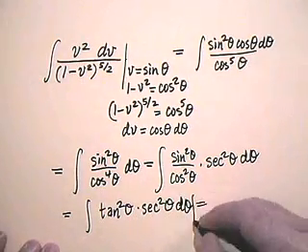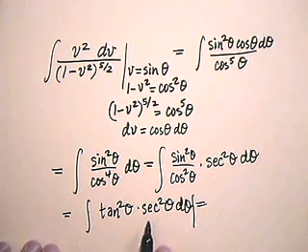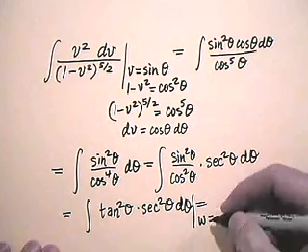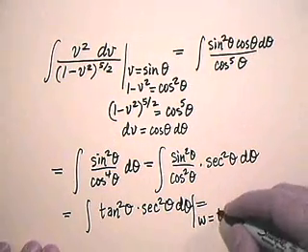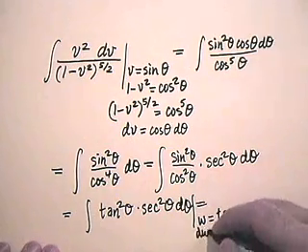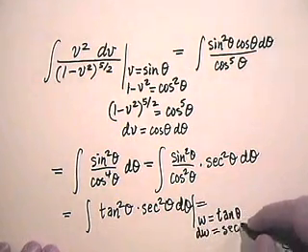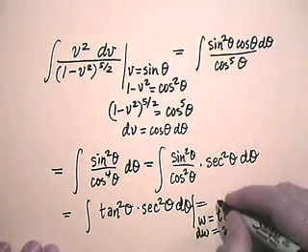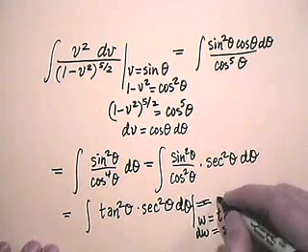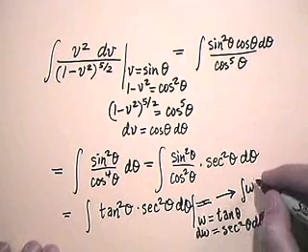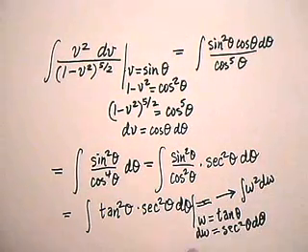And now here we realize we have an easy substitution because the derivative of tangent is secant squared. So if I substitute w equals tangent theta, then dw is secant squared theta d theta. And so this simply becomes the integral of w squared dw.